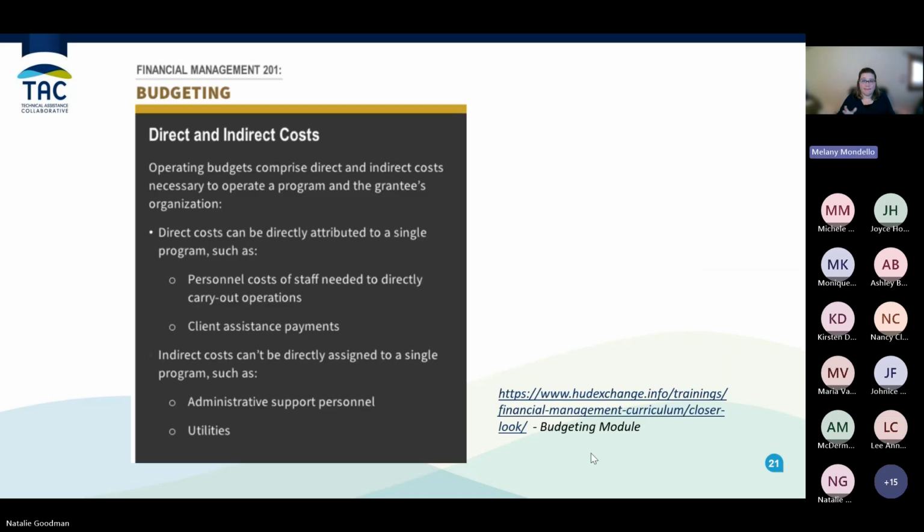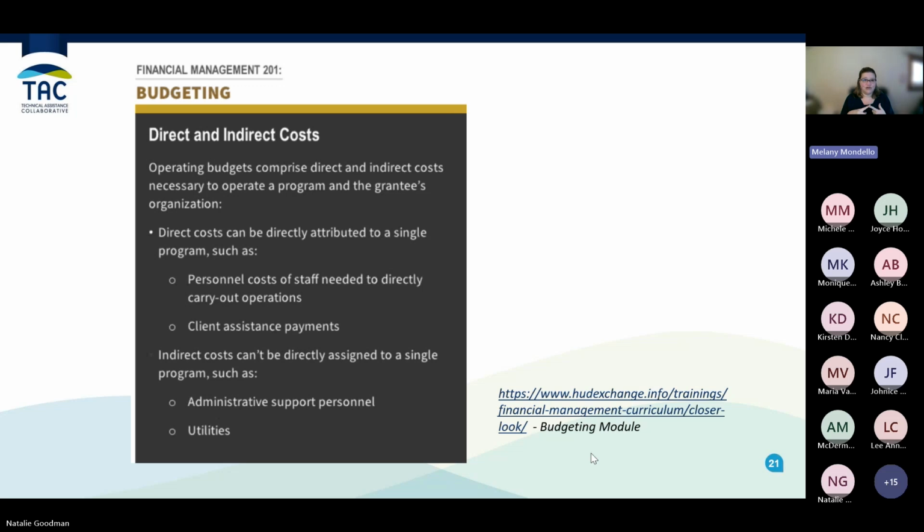So here we're back to that budgeting. This is an excerpt from a really good curriculum that HUD has online. I think it's back up. It was down a couple years ago. They were kind of revamping it, but I believe it's back up. It's financial management. This is an excerpt from the 201, but they have a 101 too, and this one talks about budgets.